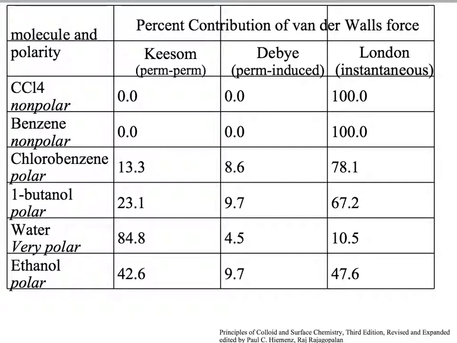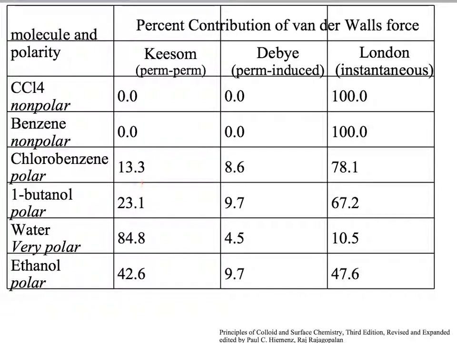But then let's see what happens as I start to go towards some polar molecules. So something like chlorobenzene, then look at this data, still 78% of that interaction between two chlorobenzenes, very strong polar bond there, is still dominated by my London force.